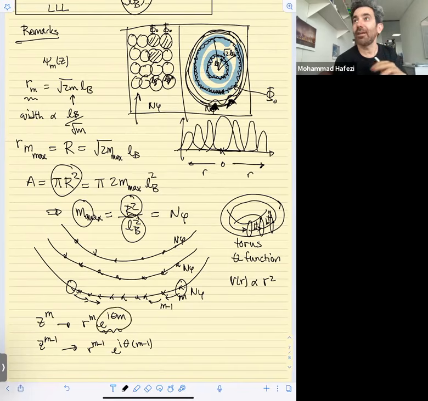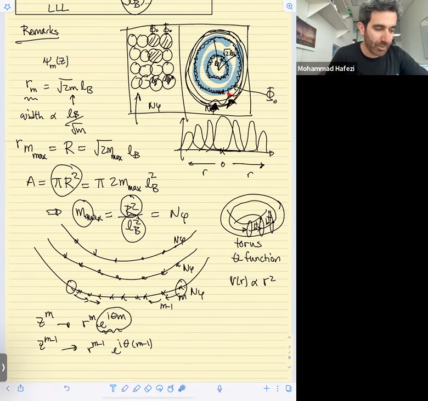It may not have the cylindrical symmetry anymore because you have put your finger on one part of the disk and not the rest, so you have broken the cylindrical symmetry. But nevertheless, if I look at the wave function phase and I go around and come back, I get 2 pi, 4 pi, 6 pi, etc.